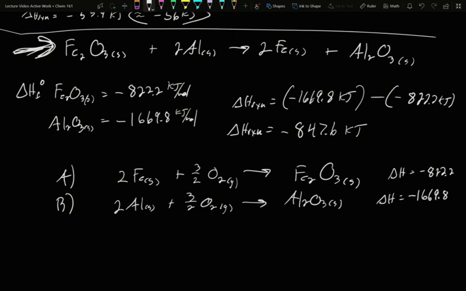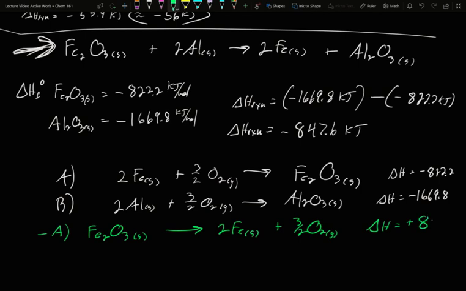Well, Fe2O3 needs to be on the left, it's on the right, so I have to flip A. So flip A around to get Fe2O3 solid goes to 2Fe solid plus 3/2 O2 gas with a delta H equal to positive 822.2.